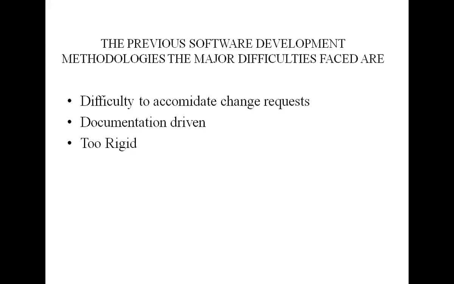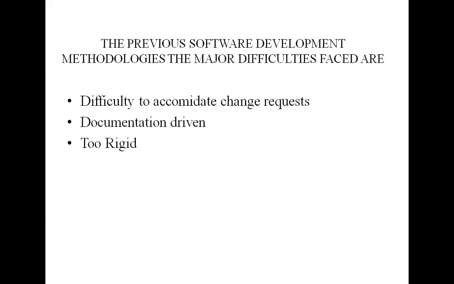In the agile model, documentation is less as compared to previous models. Last one, too rigid. Rigid means not able to change. In the previous methodologies, no significant code reuse is made. In the previous ones, we never reused the code.